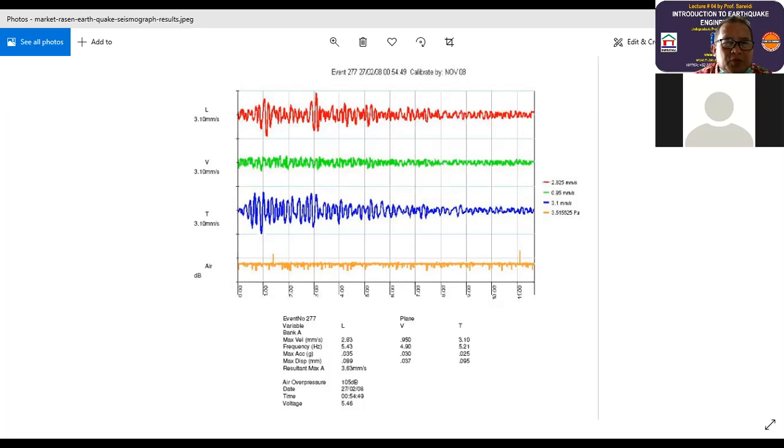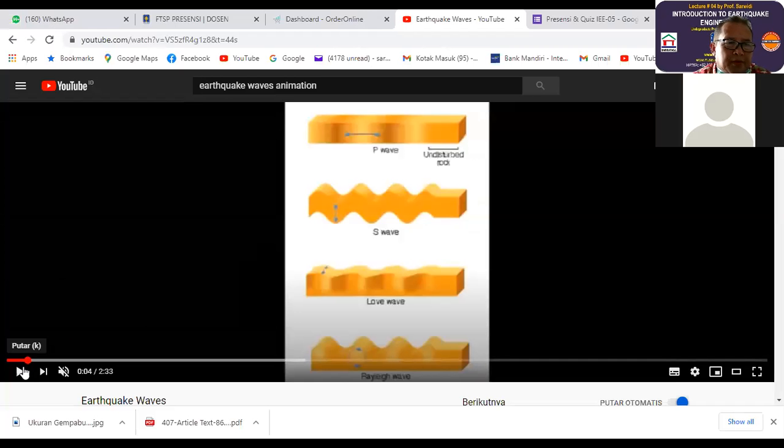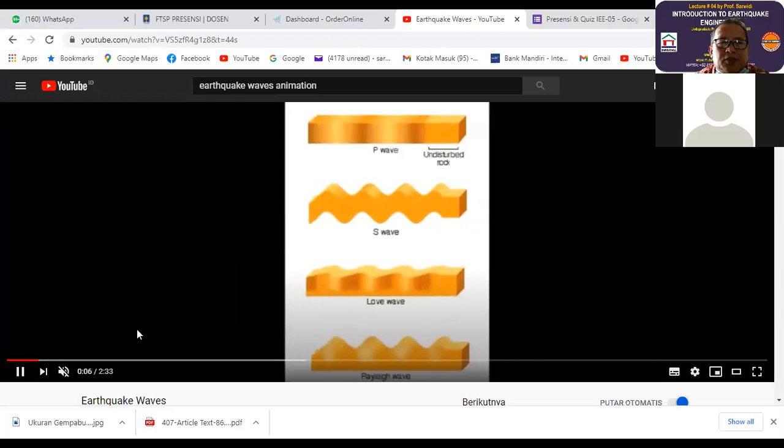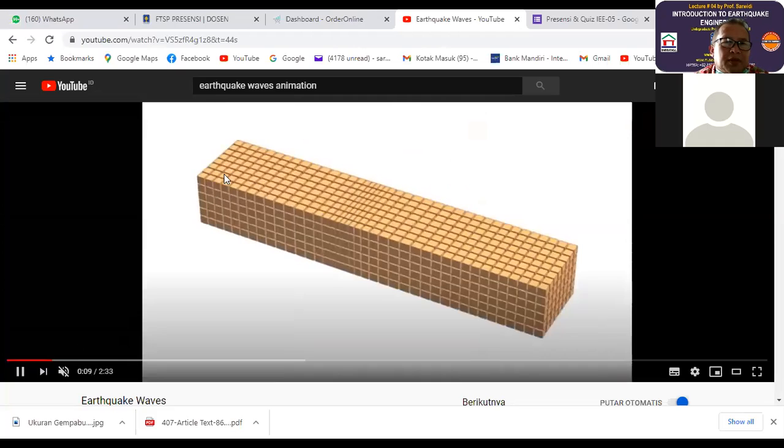So there is a different movement here, a different mechanism. For example, this is the P wave, which I mentioned before. Wait a second, it is still not moving. From here, okay, there is in YouTube, I try to type earthquake with animation here, and I find all those movies are about the waves, animated.